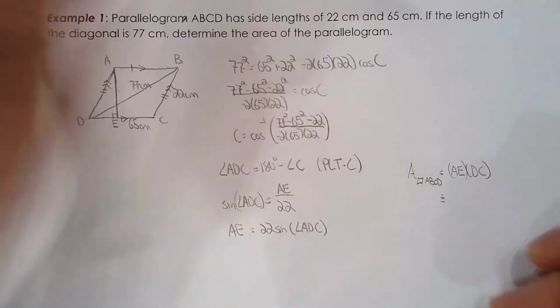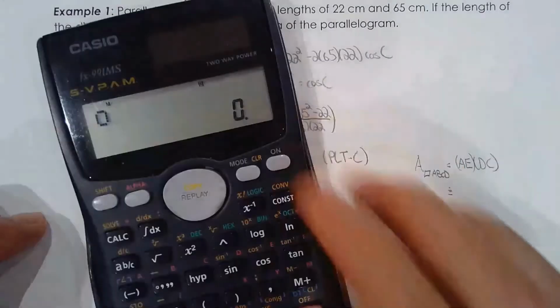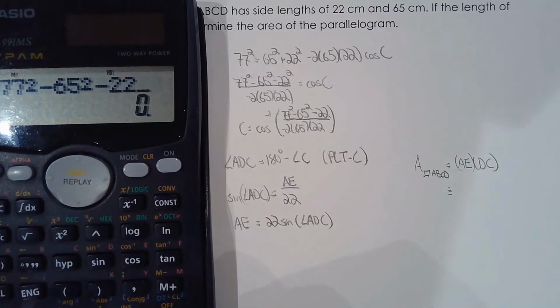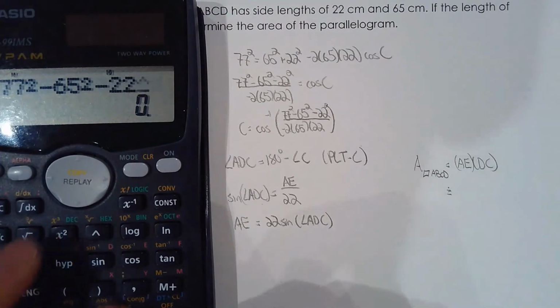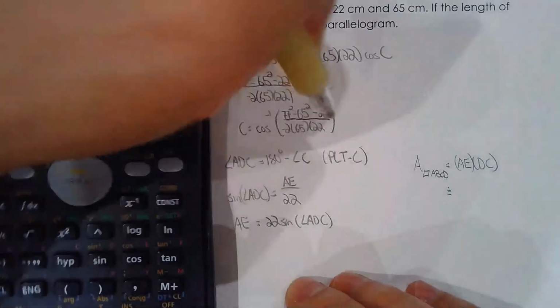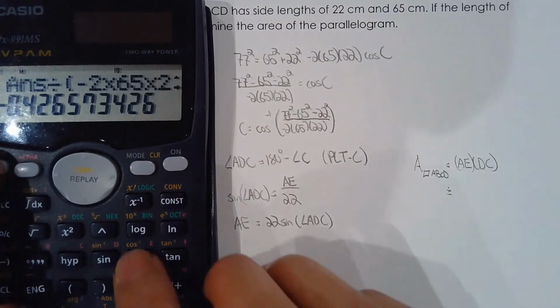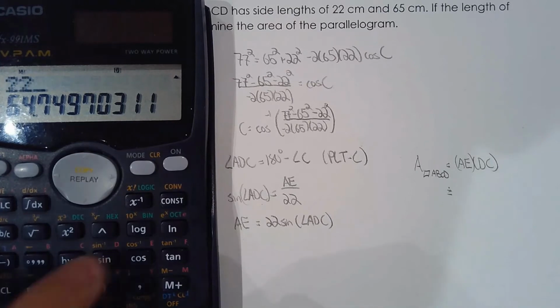All right, so now I'm gonna use my calculator. So I'm gonna solve for angle C. So 77 squared minus 65 squared minus, oops, I forgot the square, minus 22 squared, over negative 2 times 65 times 22. Oh, I forgot a bracket here. Okay, and then inverse cosine, and then take 180. So what's supplementary to 115? 64.7. Beautiful, 22 sine of that.